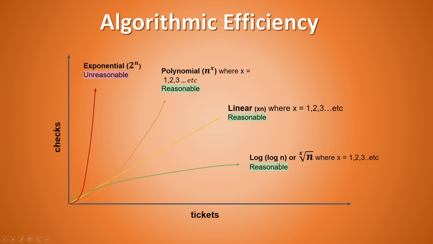I'll get to log n a little bit later, but what if you had 2 to the power of n? In this case, each item is going to have to do a complex thing for every single other item.